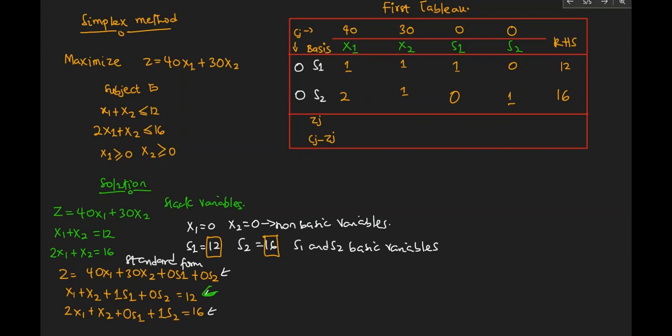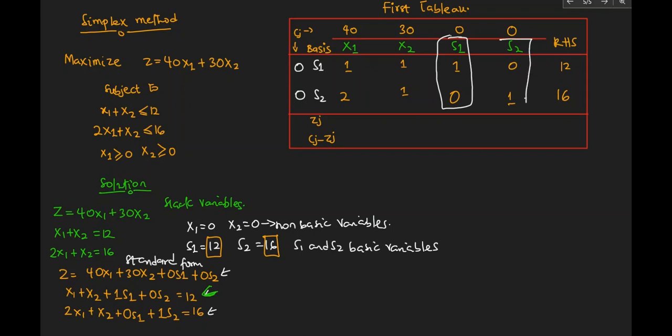Now let's look at how you are going to calculate our zj and then cj minus zj values. In this table, for you to identify your basic variables and non-basic variables, you look at unit columns, which are the columns that have zeros and ones in them. So if you look at s1 here, this column here is a unit column, right? Because we have just 1 and 0.